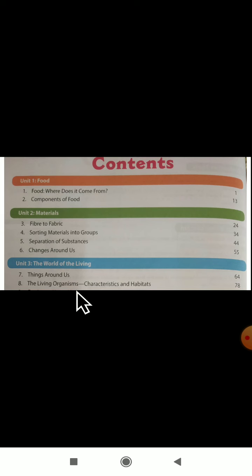We have 5 types of biomes: forest, desert, aquatic, grassland and tundra biome. About all these we will study in detail in this 8th chapter. So for your first semester I will be dealing with these 8 lessons.